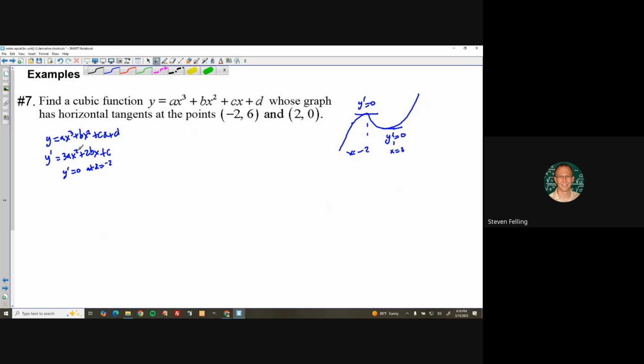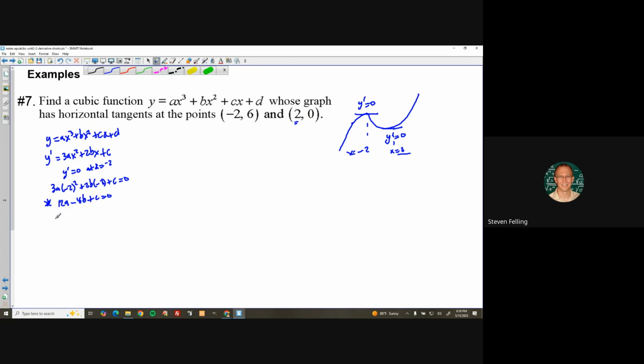So if I plug a negative 2 in here, I have 3 times a times negative 2 squared plus 2 times b times negative 2 plus c has to be 0. And that gives me 4 times 3 is 12a. Negative 2 times 2 is negative 4b plus c has to equal 0. So there's an equation that I can put in the system. But the other thing is that I have to have this same y prime equals 0 at x is positive 2 to match this point.